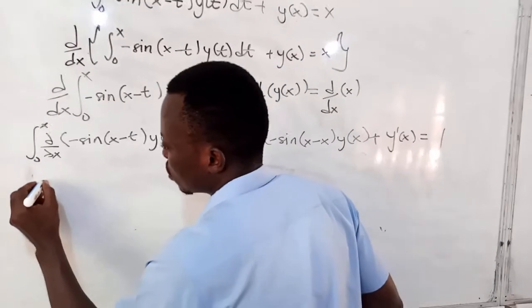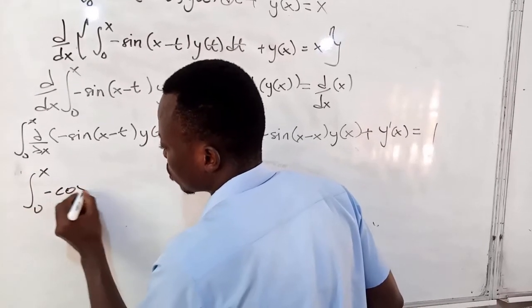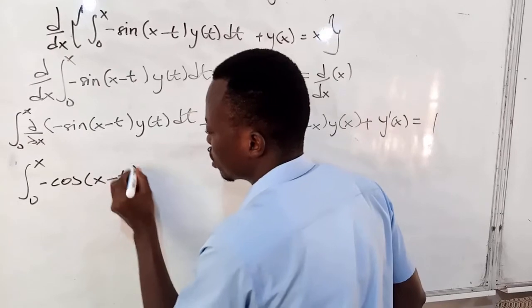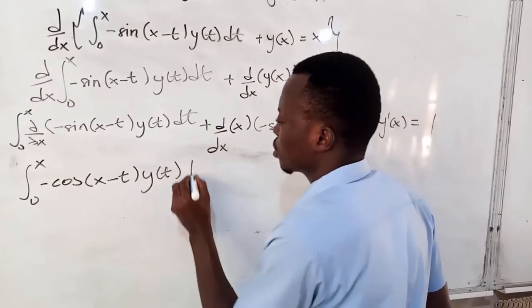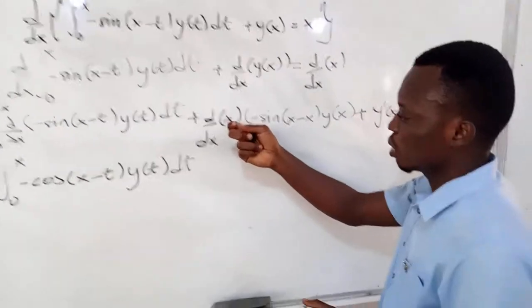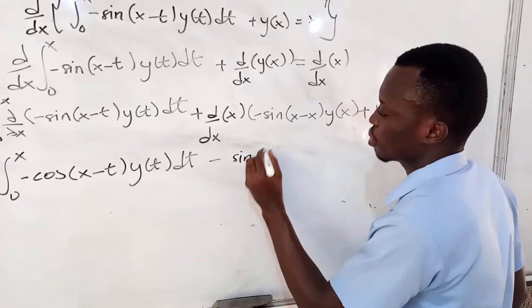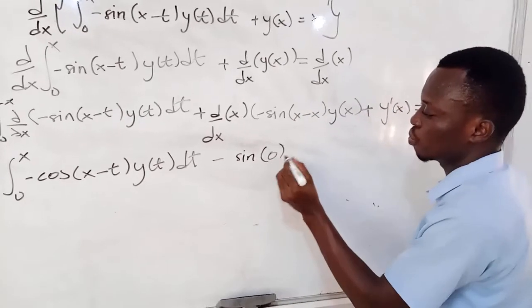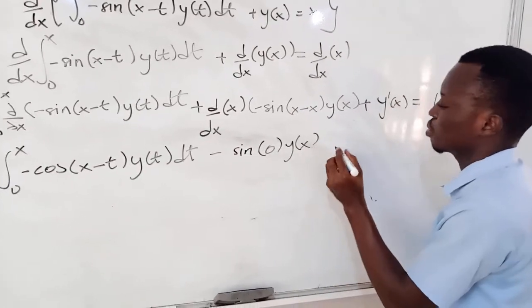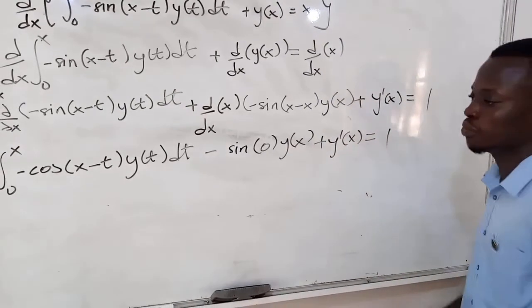So I'm going to have the integral from 0 to s of minus cos(s minus t) y(t) dt. If I differentiate this side, I'm going to get 1. So here becomes minus sine(s minus s), which is sine 0, times y(s), plus y prime of s equals 1.